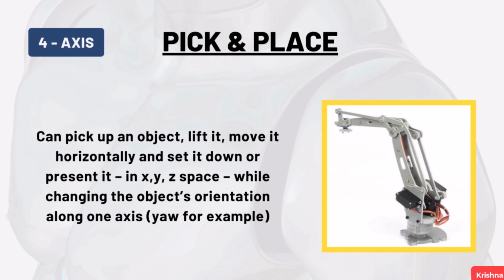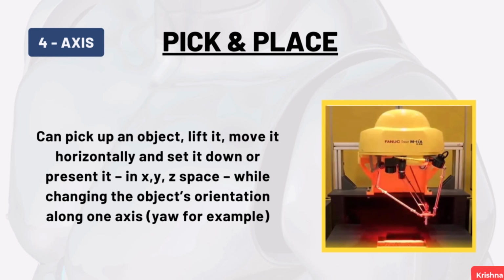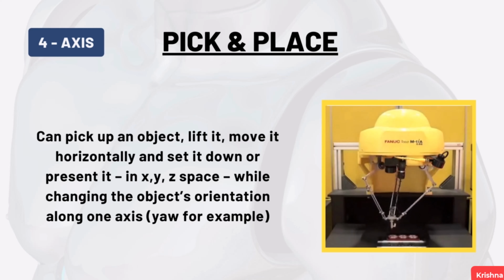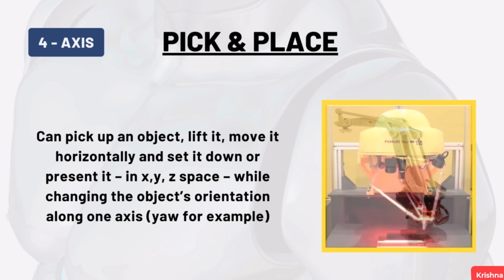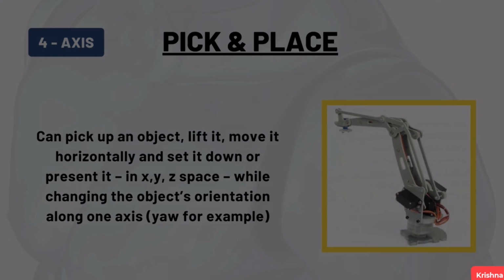The four-axis robot can pick up an object, lift it, move it horizontally, and can set it down or present it in the XYZ space. But in the case of the four-axis robot, a change of the object's orientation can be seen along one axis, so it would be an example of yaw.